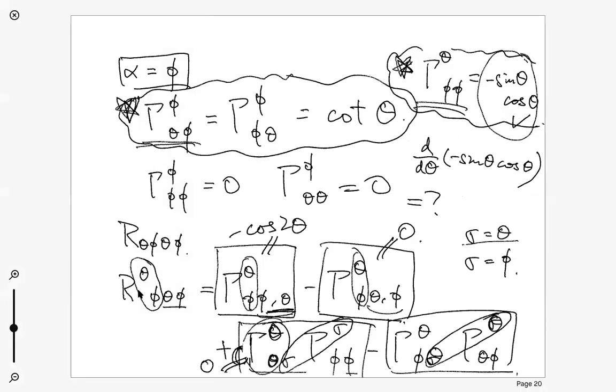When sigma is theta, there are no non-zero terms, so it's 0.